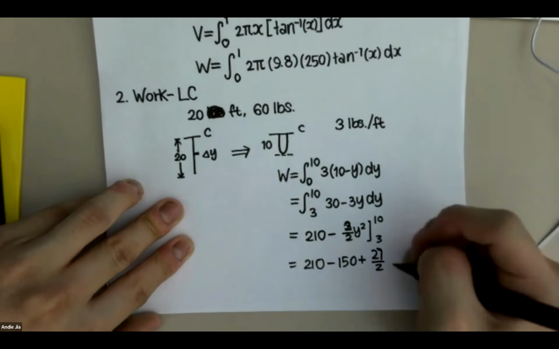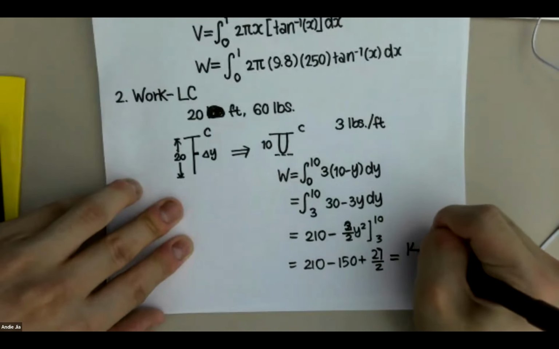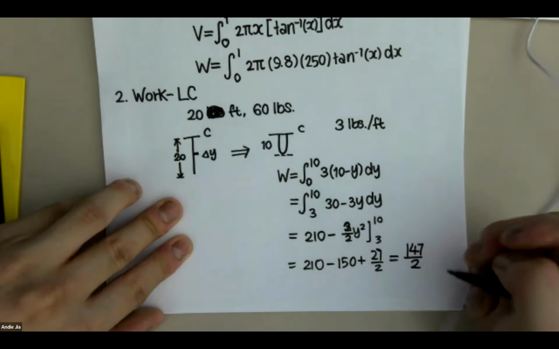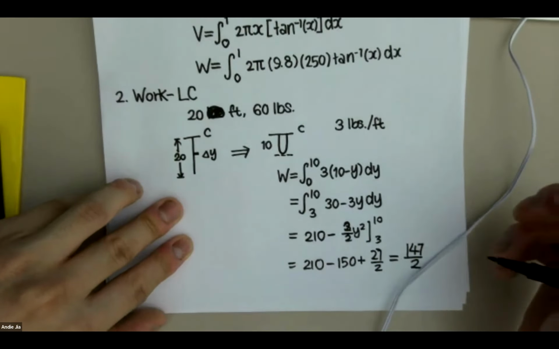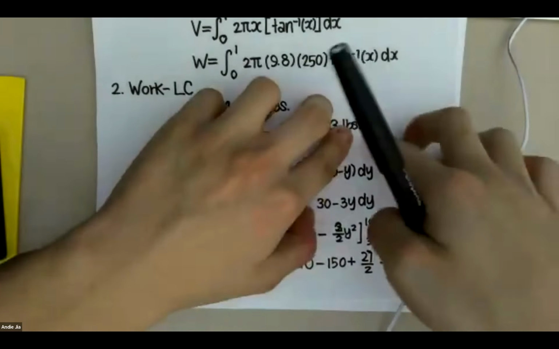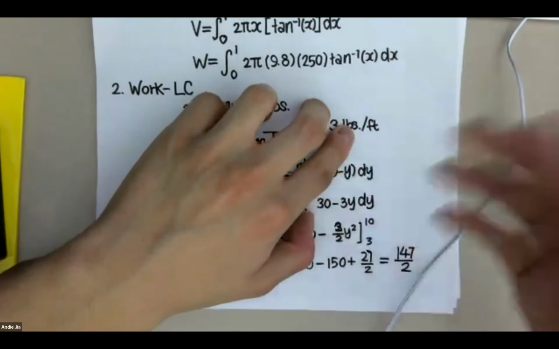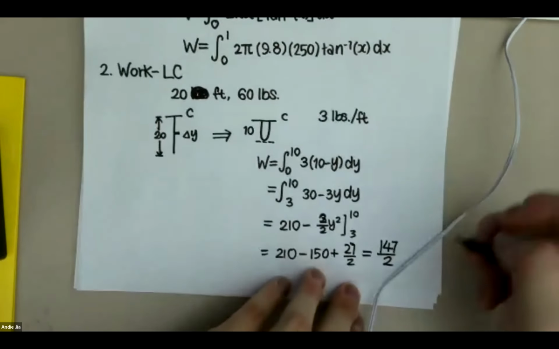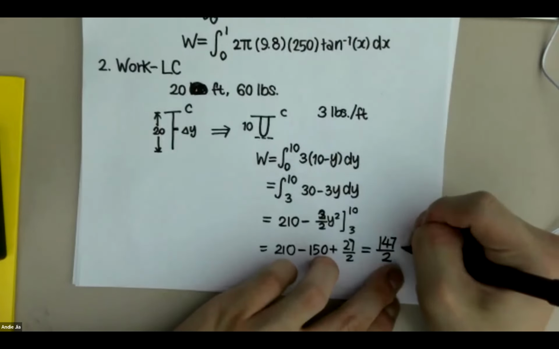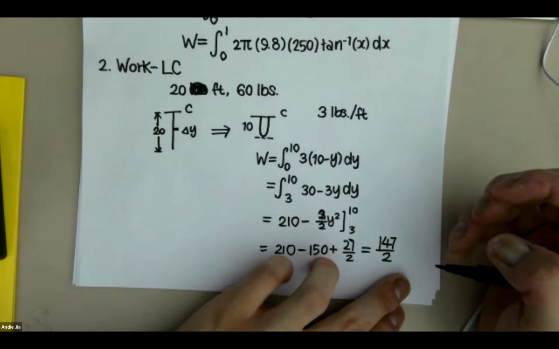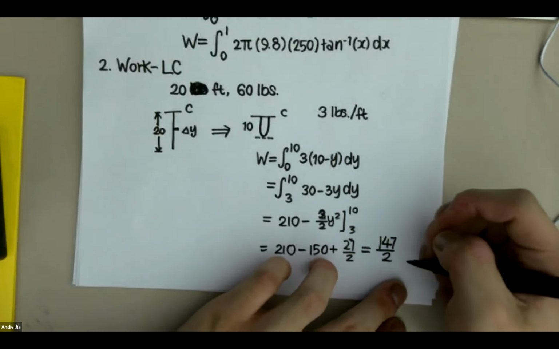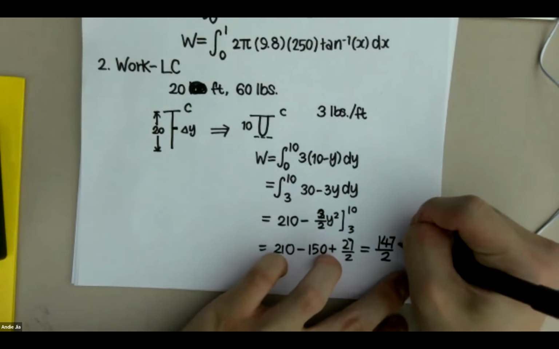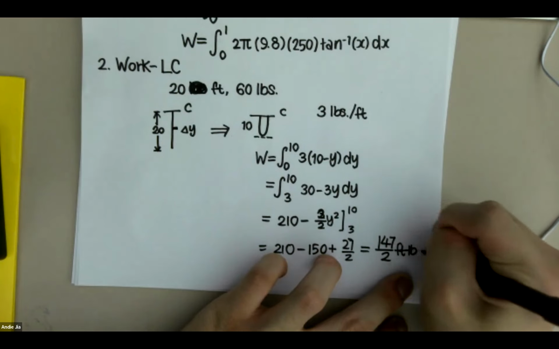So it's going to be 147 over 2. Because they're in feet and pounds, make sure you have the unit right. So the total work done is 147 over 2 feet pounds.